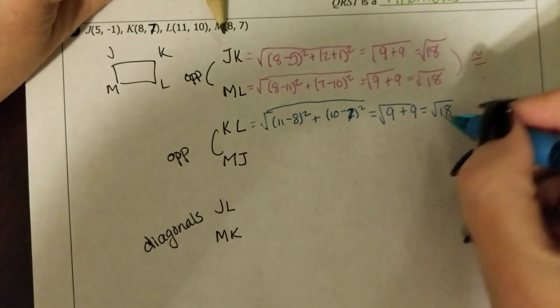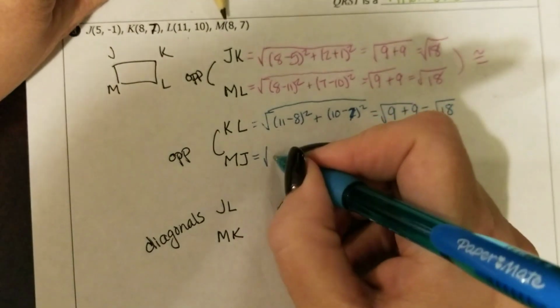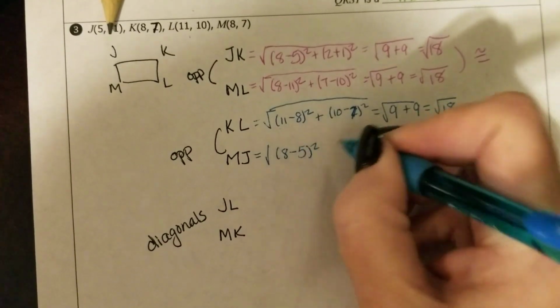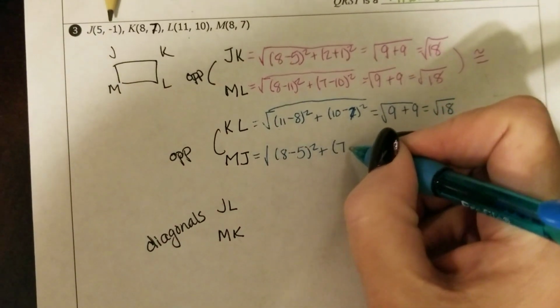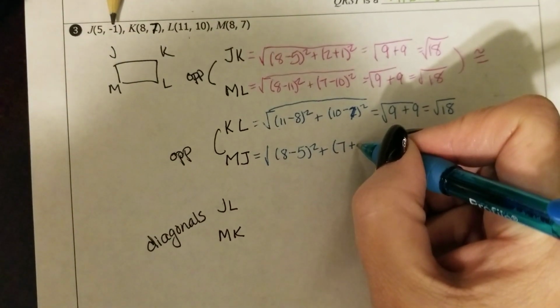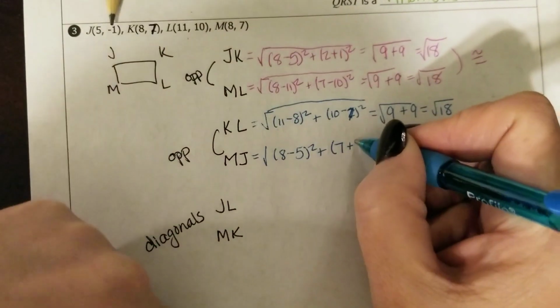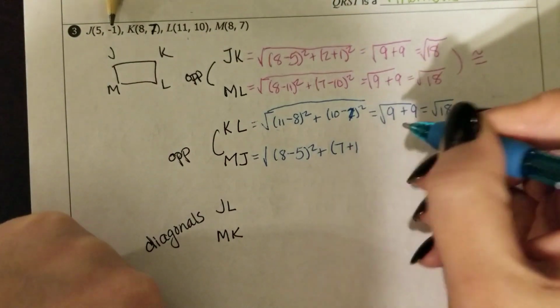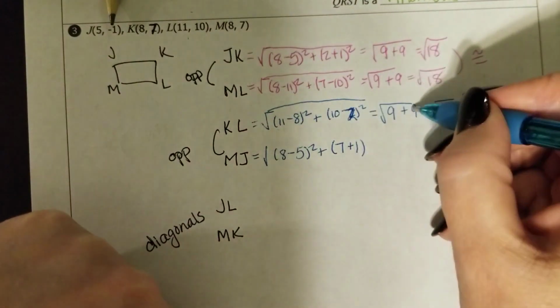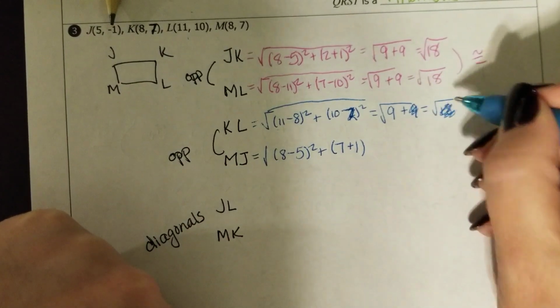Let's do MJ. Is the square root of 8 minus 5 squared plus 7 minus a negative 1. I'm sorry, that is a 2, isn't it? It is not the square root of 18.